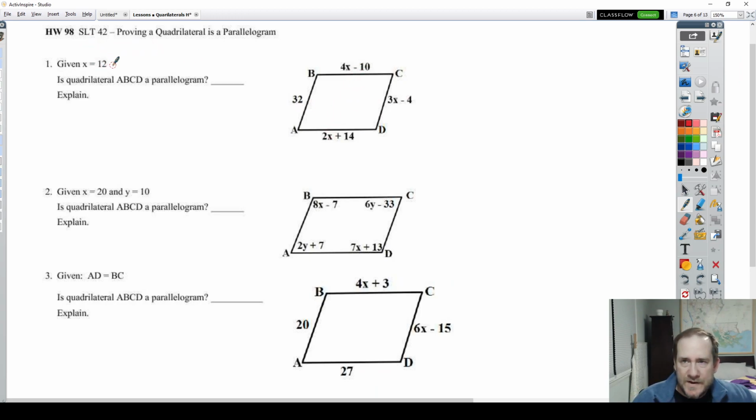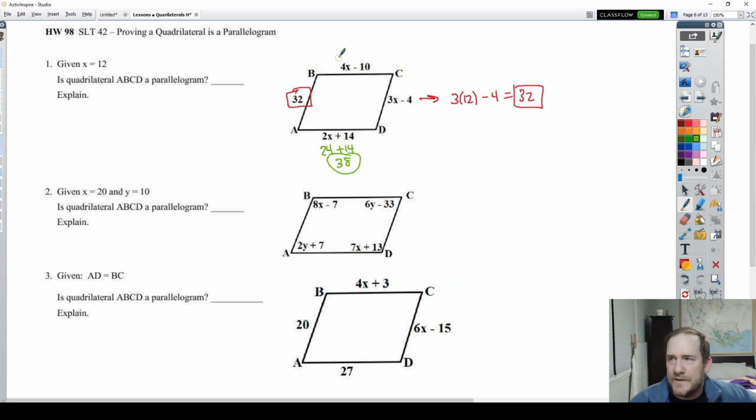So if I were you, I'd take my 12 and substitute it in. This becomes 3 times 12 minus 4, which is 36 minus 4, which is 32, equal to the 32 over here. So those two sides for sure are congruent. Now I can check the others by plugging in 12. 2 times 12 is 24 plus 14, that's 38.